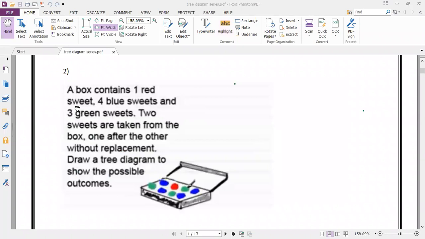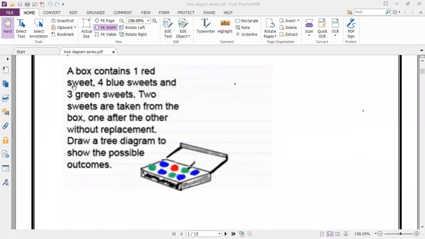Number 2. A box contains 1 red sweet, 4 blue sweets, and 3 green sweets. Pay attention, everyone. 2 sweets are taken from the box, one after the other without replacement.